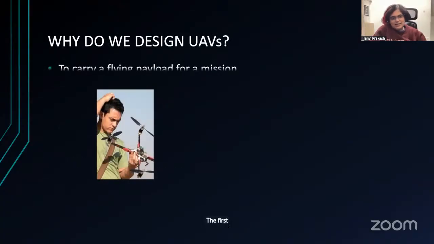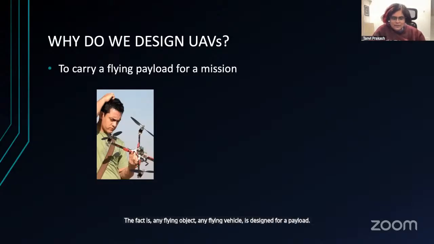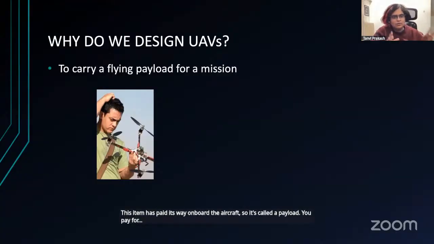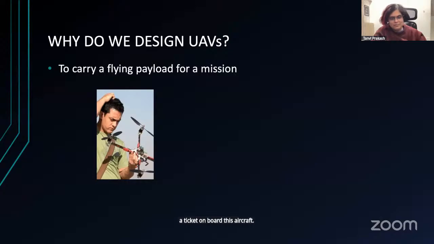The first question actually is, why do we design UAVs? The fact is, any flying vehicle is designed for a payload. This item has paid its way on board the aircraft, so it's called a payload. You pay for a ticket on board this aircraft. What this payload is, is actually the crux of why the UAV exists in the first place.